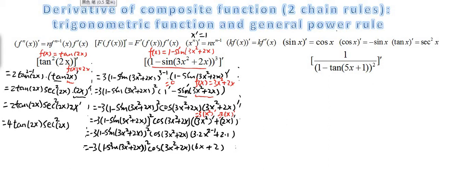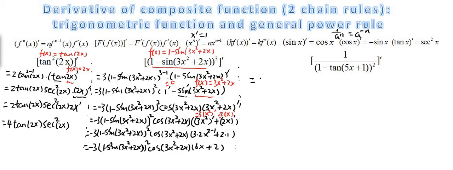As we know, there is a famous formula that is 1 over a to the power n equals a to the power negative n. Okay, here a is the whole stuff here, 1 minus tangent of 5x plus 1, and n is 2.